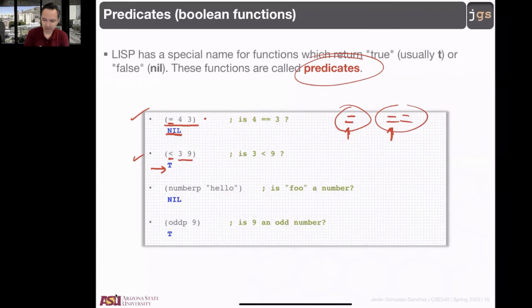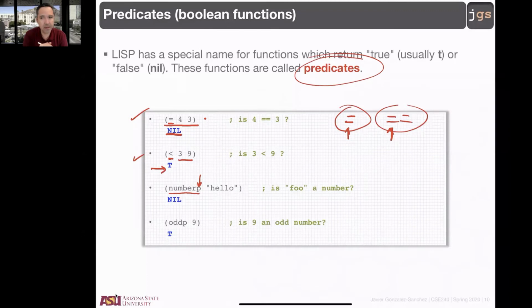Moreover, there are functions that are not symbols, but words. Something that you're going to notice in the functions from the library, from the API of the language, is that a lot of functions that return true or false, t or nil, are going to have a p at the end of the name.